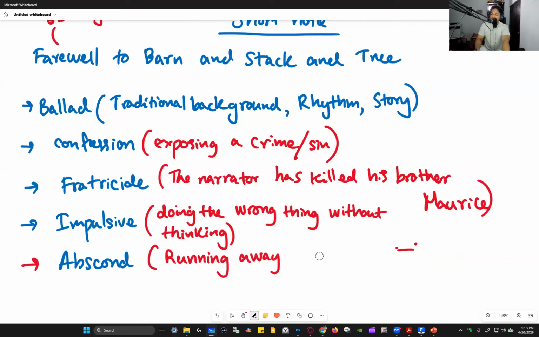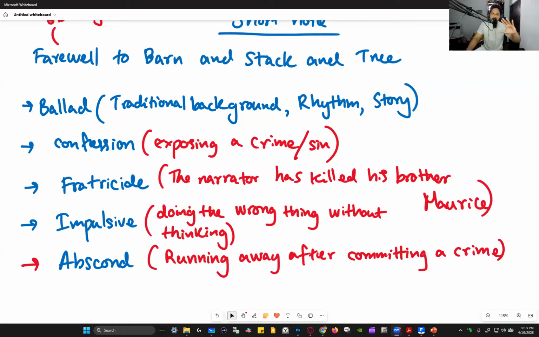That is what abscond is. He's about to run away. Why is he going to abscond? Because he has murdered his brother.